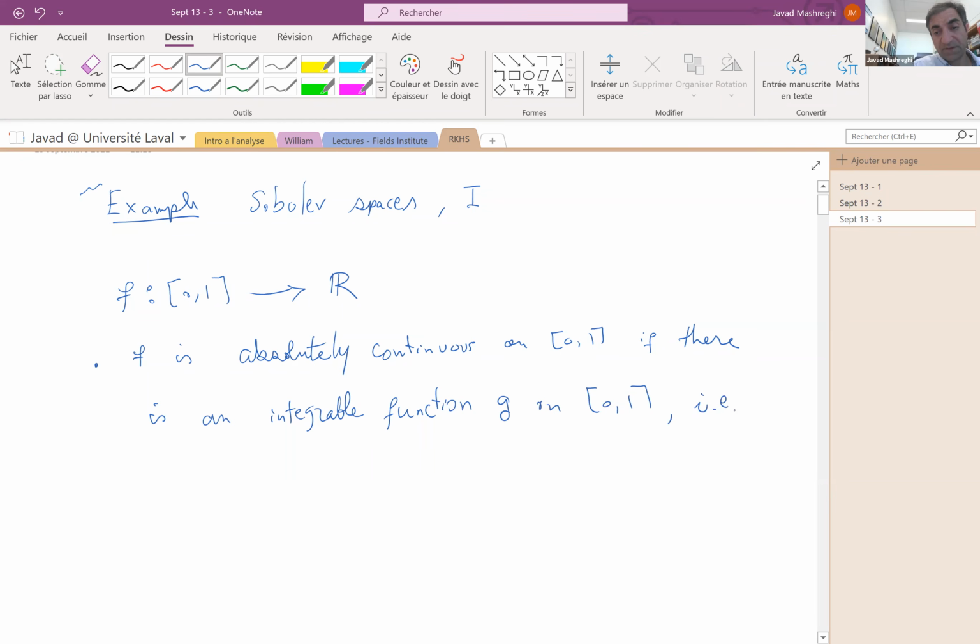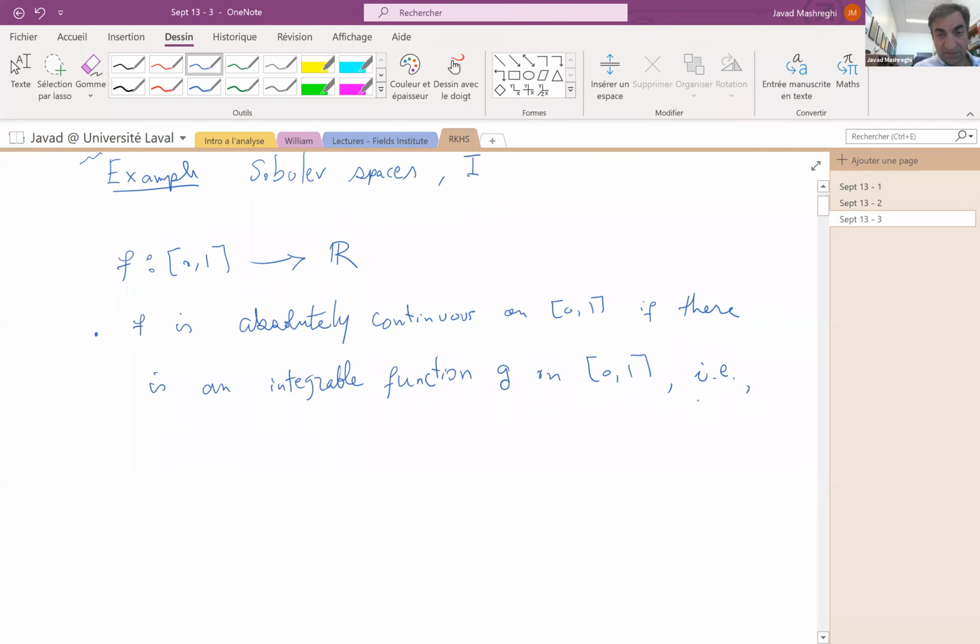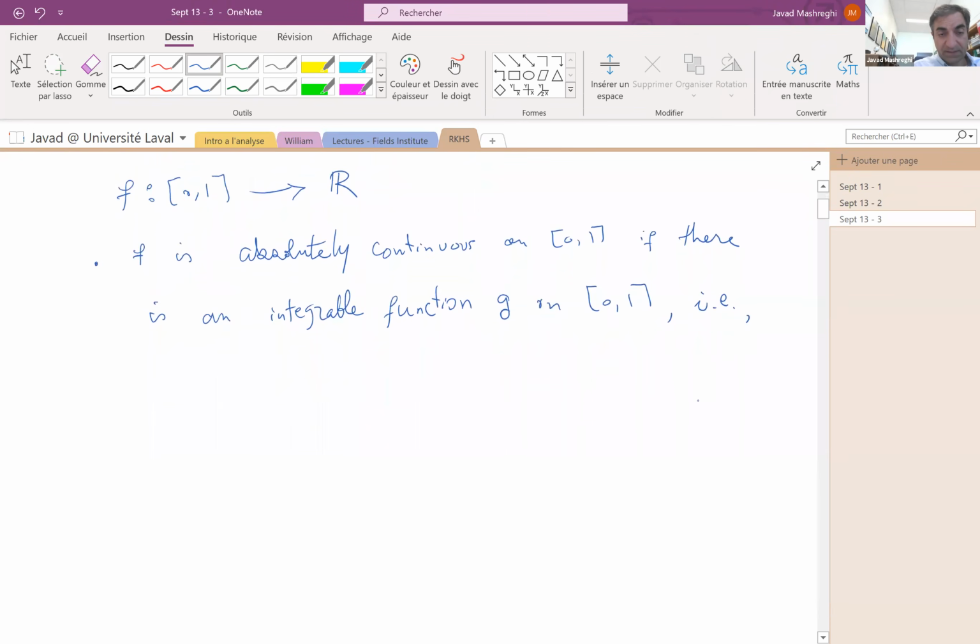And let me emphasize what integrable means. Integrable means that the integral from 0 to 1 of the absolute value of g(t) dt is less than infinity.